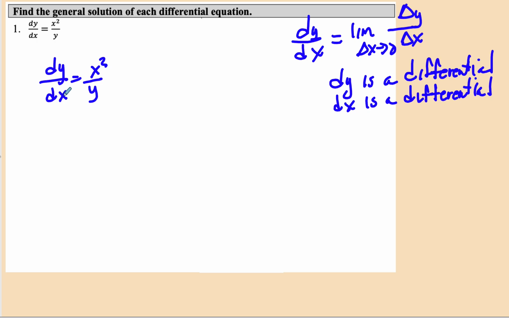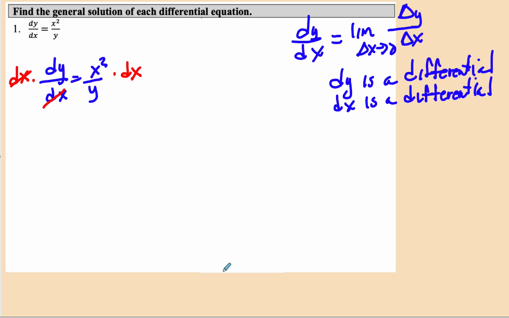And what we want to do is get all the y's to one side and all the x's to the other side. So the first thing I want to do is multiply both sides by dx, differential x. So I'll have this, and the differentials will reduce.